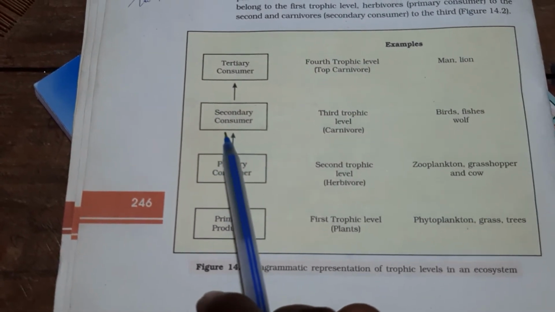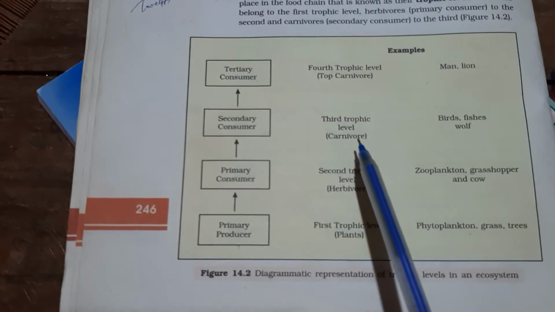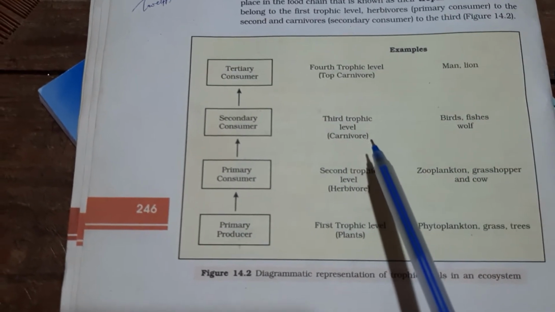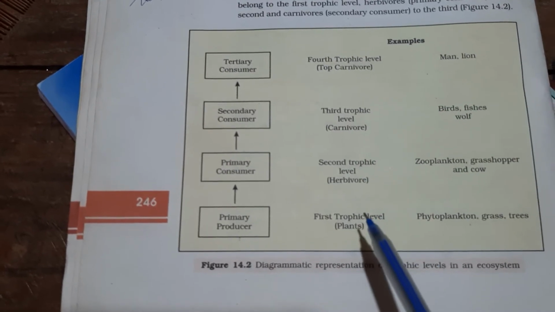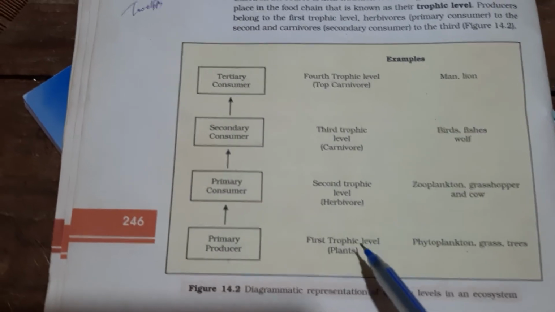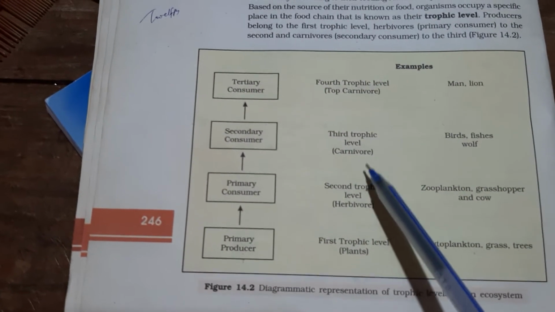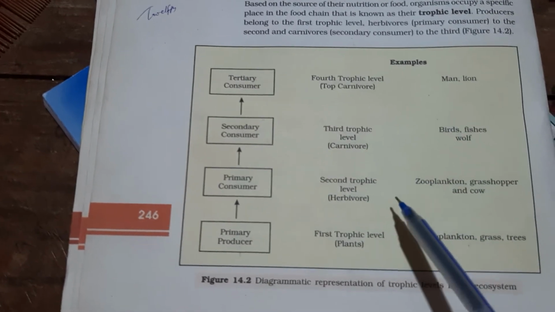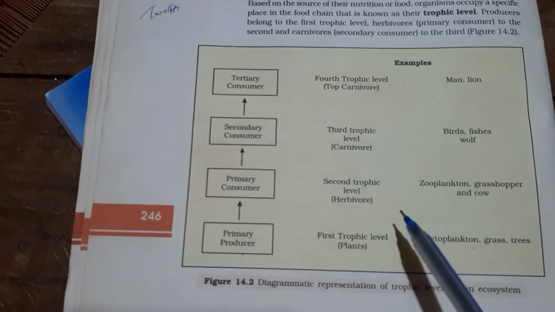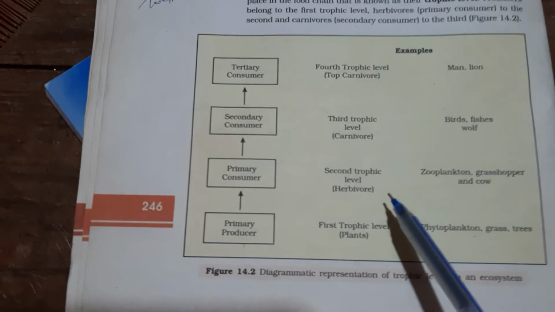Next, primary consumers shift into the secondary consumers, also called the third trophic level or carnivores. So we see that plants are consumed by herbivores and herbivores are consumed by carnivores. There are different types of animals and plants living on earth in our ecosystem.